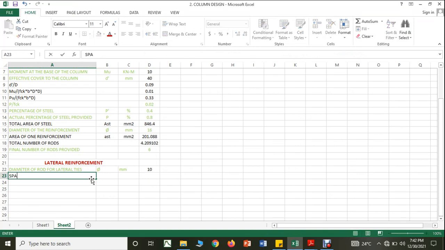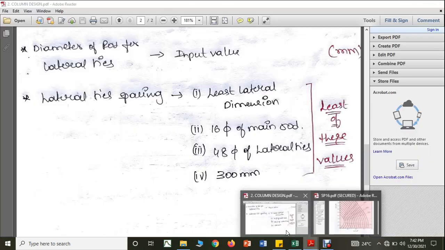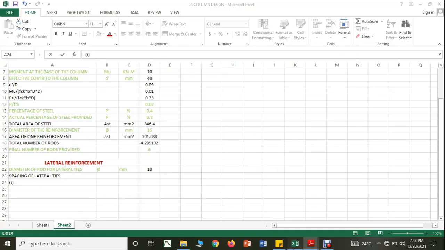The spacing of the lateral ties will be decided based on 4 criteria. The first criterion that I am going to use is the least lateral dimension.